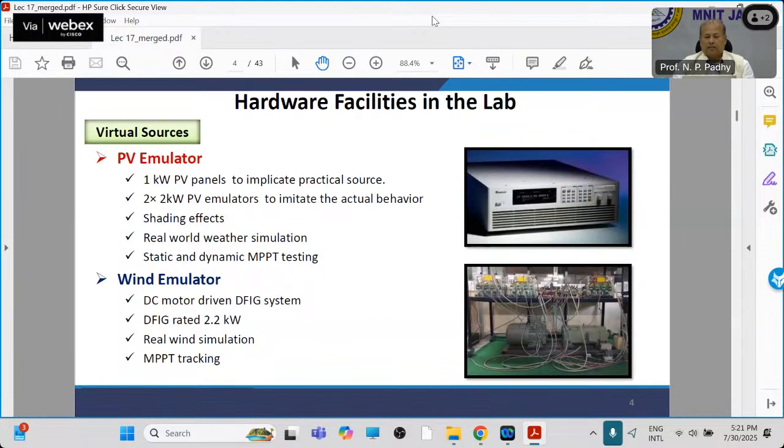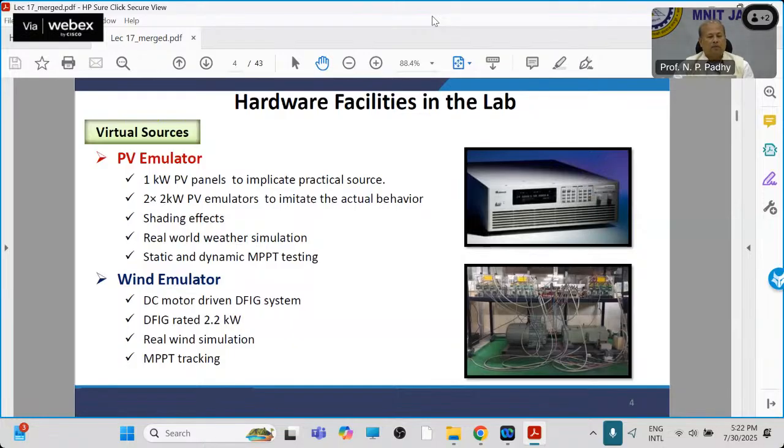Yeah. So then we move to the hardware facility in the lab. What hardware facilities do we have? We have PV emulators, and PV emulators are of different types. But we prefer two PV emulators because the idea was to have at least 5 kilowatt capacity to start with.